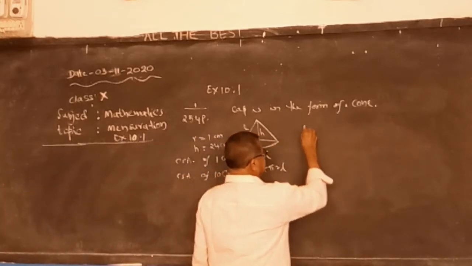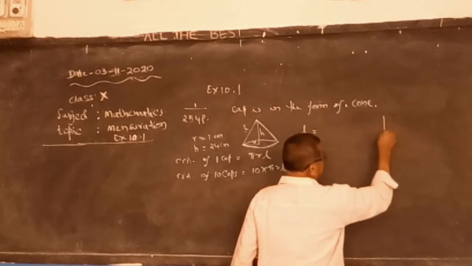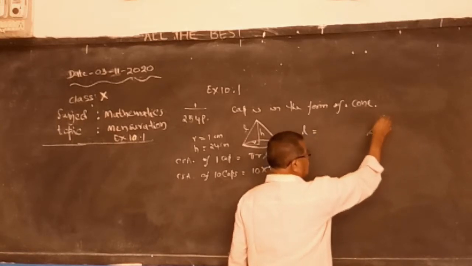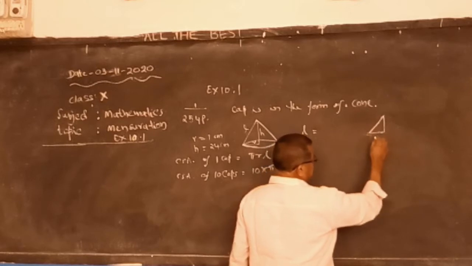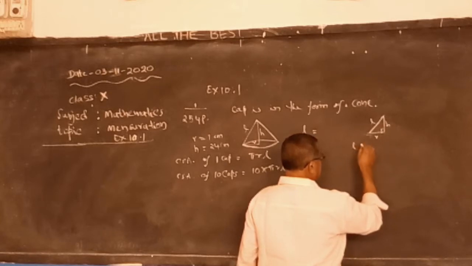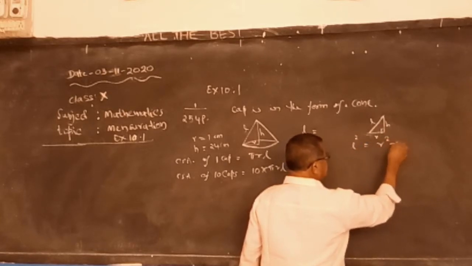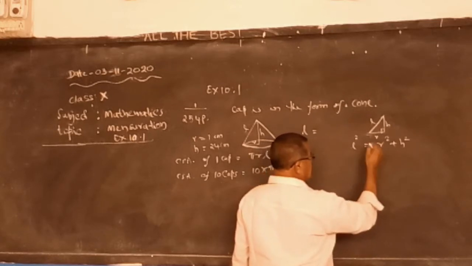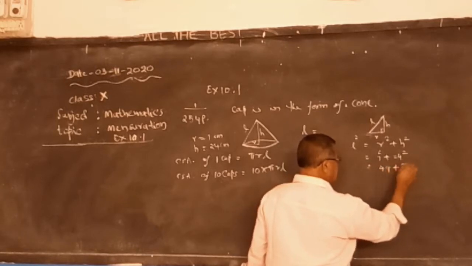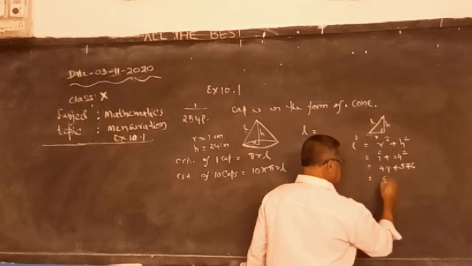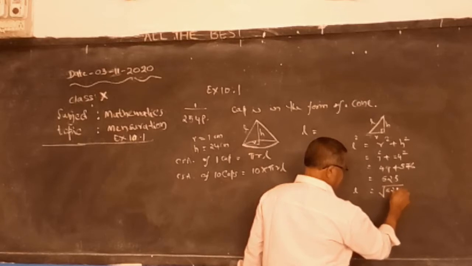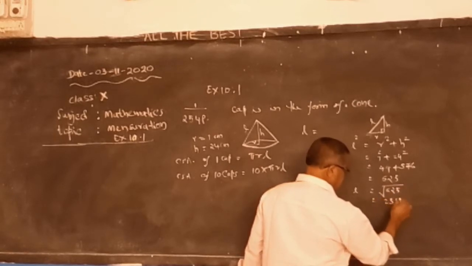For the slant height, it is nothing but a right angle triangle, the vertical cross section of the cone. This is r, this is h, this is l. According to Pythagoras theorem, l squared is equal to r squared plus h squared. So l squared is 7 squared plus 24 squared, 49 plus 576, which is 625. Therefore l is equal to the square root of 625, that is 25 centimeters.